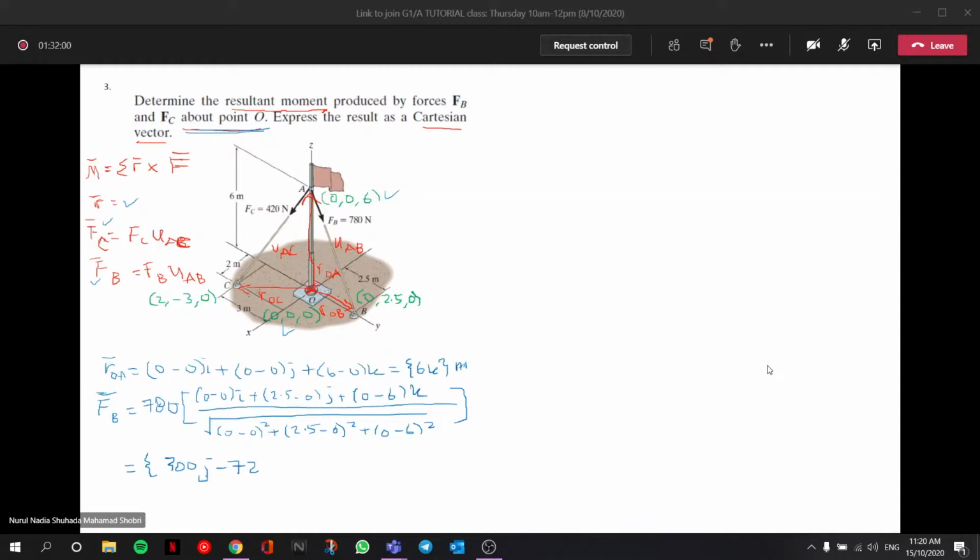And you will get 300j minus 720k Newton.